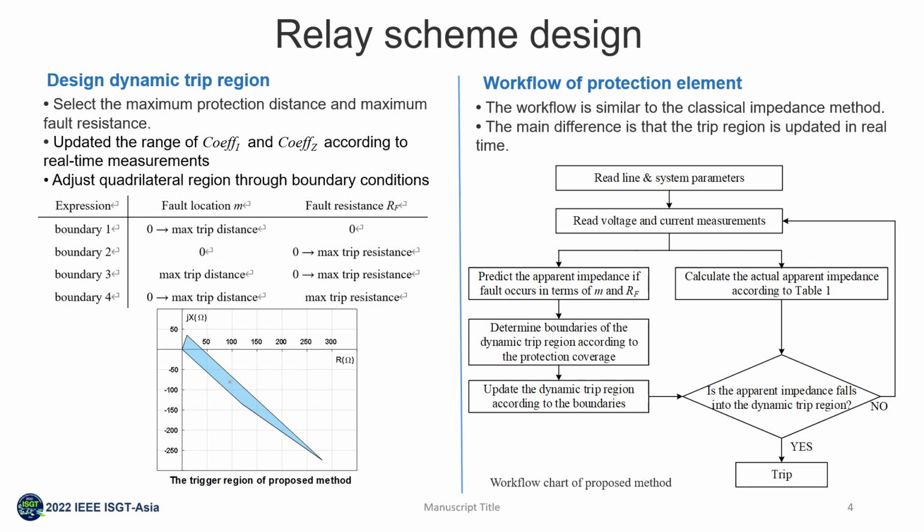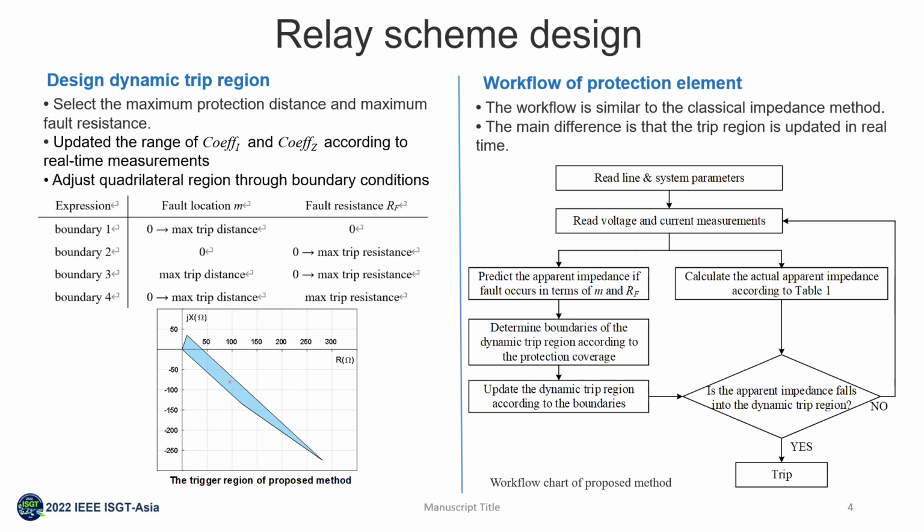To build the dynamic trip region, the first step is to select the maximum protection distance and the maximum fault resistance. Then, a fault in the protection range must have a value m from 0 to the maximum protection distance and a value RF from 0 to the maximum fault resistance. Thus, the ranges of coefficient I and coefficient Z can be updated according to real-time measurements.